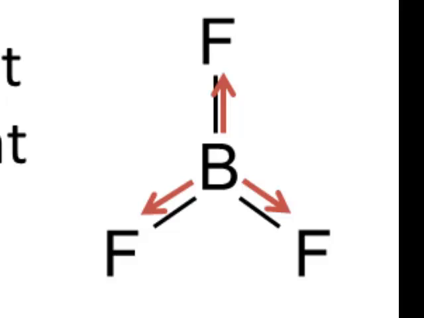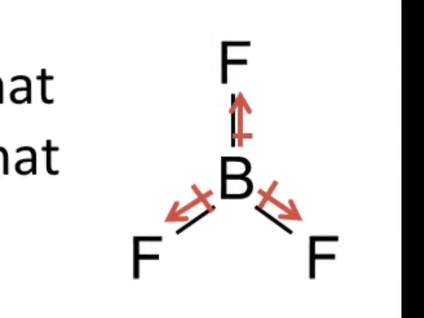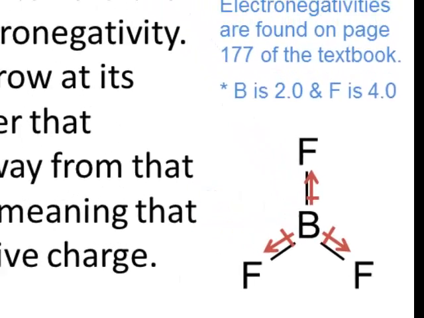So the difference is 2.0. These are highly polar, so polar that they are right onto the edge of the ionic bond realm. We put a cross across the beginning of those arrows in that diagram to indicate that the boron side on each of those bonds is slightly positive, and the fluorine side would be slightly negative.